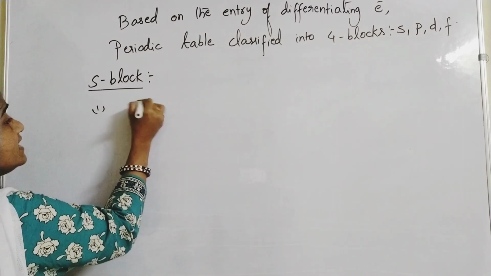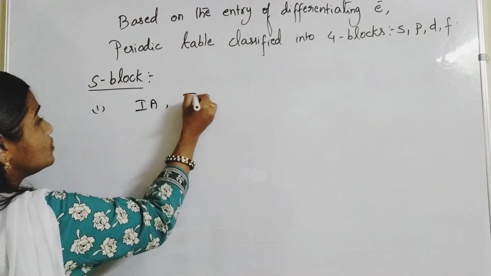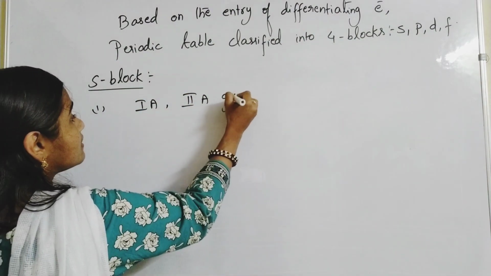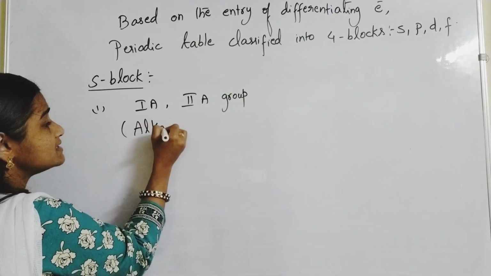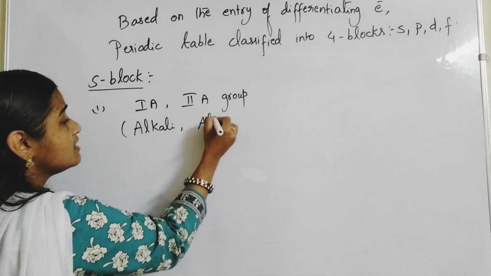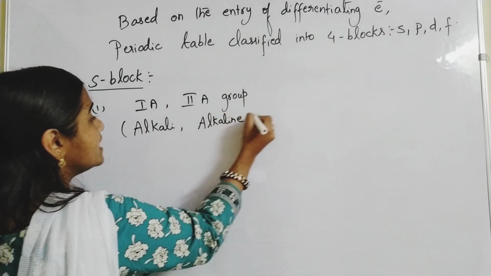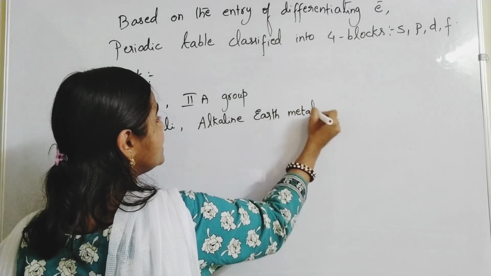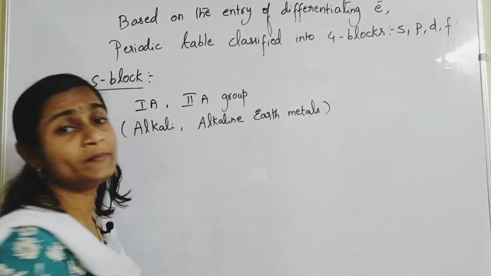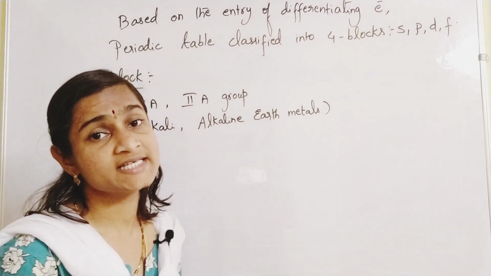1A group and 2A group elements, alkali and alkaline earth metals, come under the category of what? 1A group and 2A group elements belong to S block.